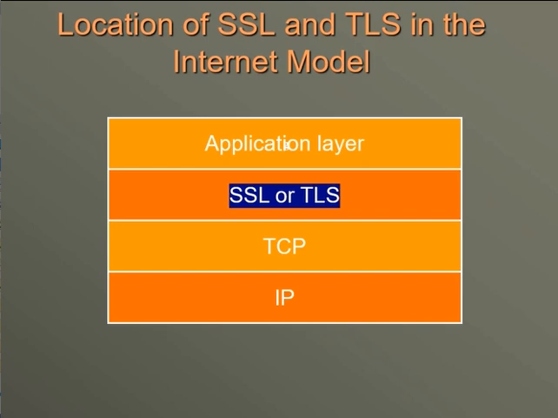For example, when a customer shops online, the customer needs to be sure that the server belongs to the actual vendor and is not the server of some imposter, and the customer does not want to give an imposter her credit card number.